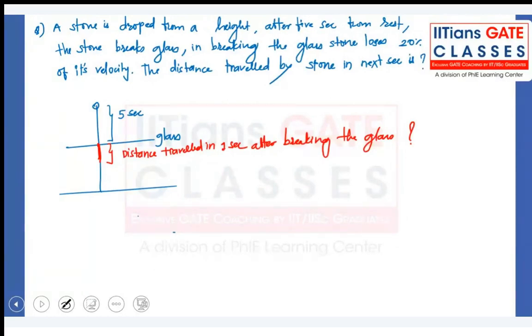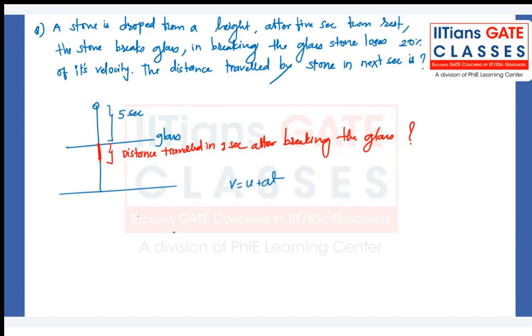So what they have mentioned is after breaking the glass, stone loses 20% of its velocity. So what will be its velocity just before breaking the glass? Okay, so v is equal to u plus at. You can use this equation.